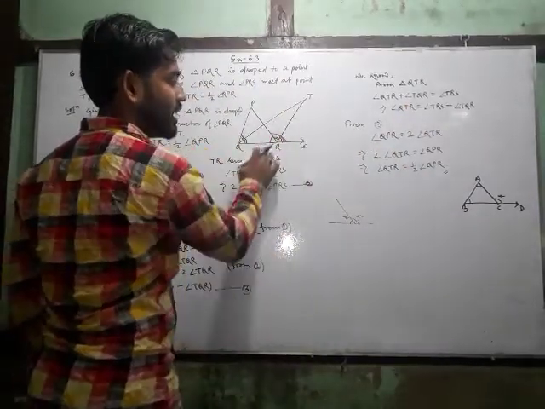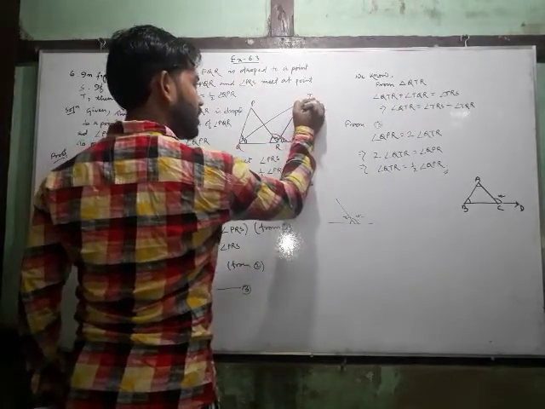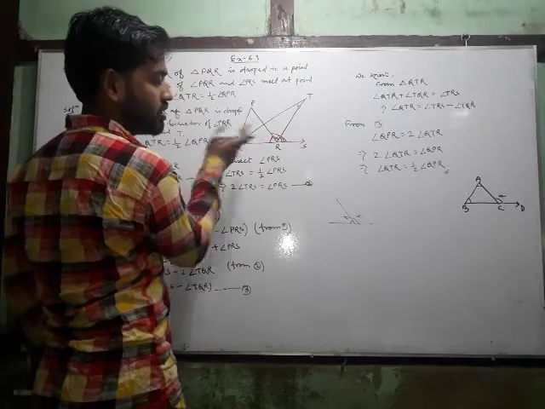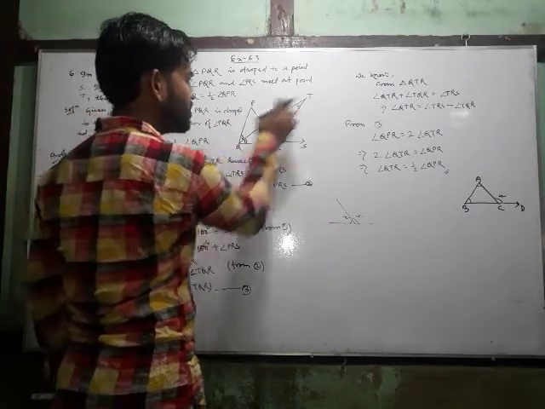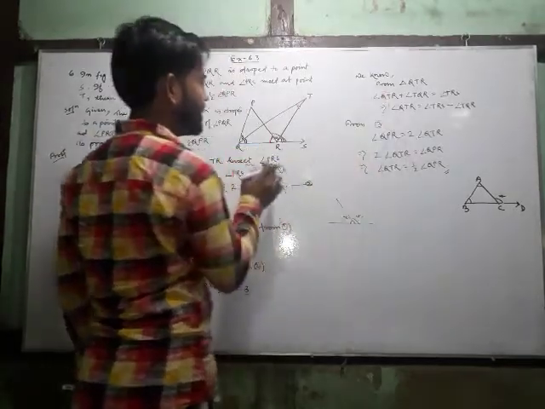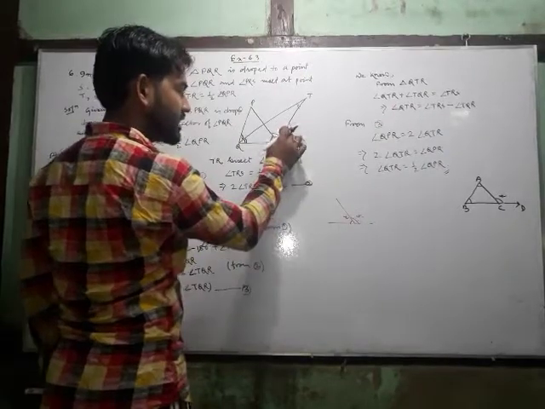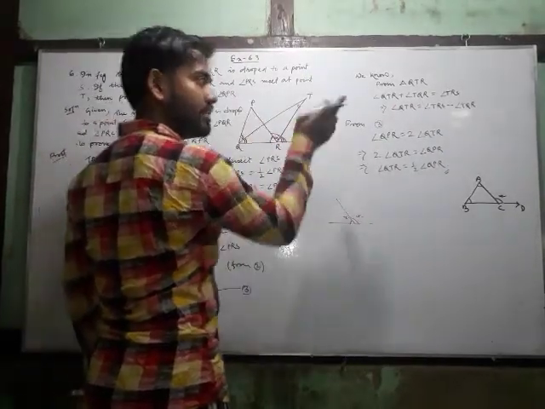So this TRS equals the sum of the two opposite interior angles. What are the names of those two angles? QTR, I have written. Another angle is TQR, I have written. So this external angle equals the sum of these two other interior angles.